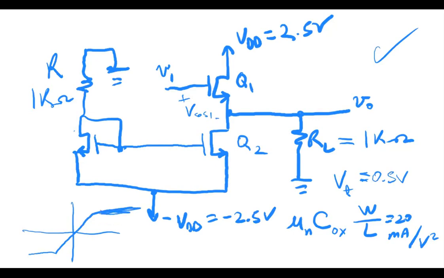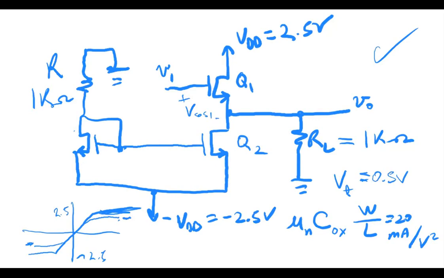And this would be minus 2.5, and this would be 2.5. But what we're going to see is that there's going to be a degradation when the nonlinearity starts, and they want us to find out what these limits are. So that's the question here. Okay.